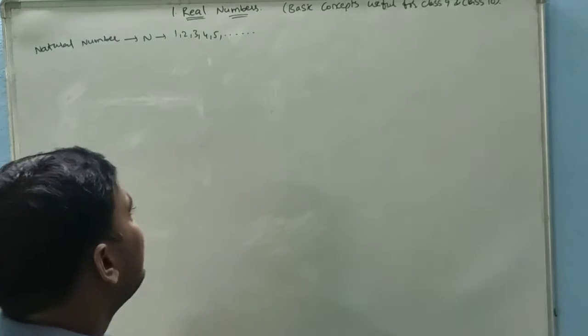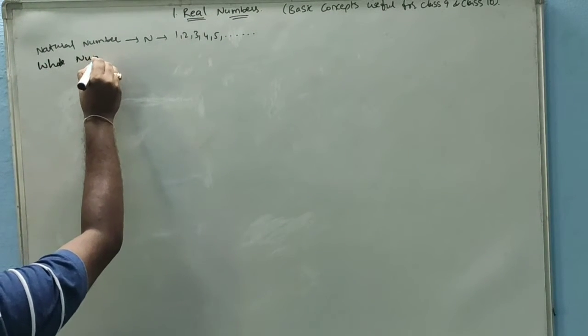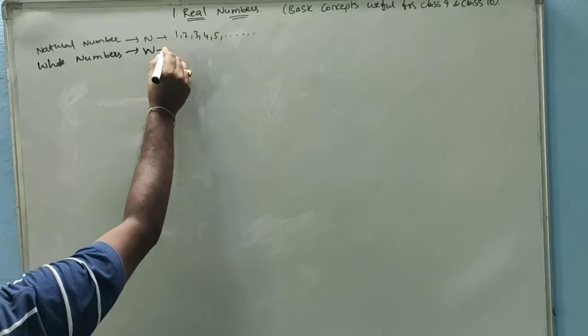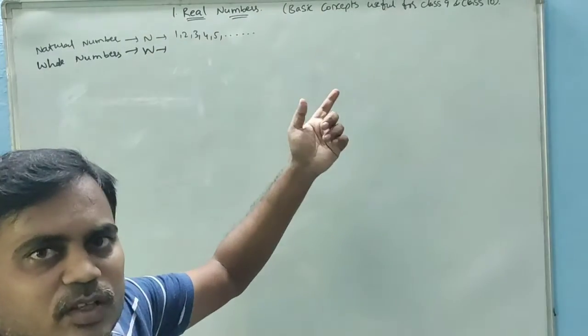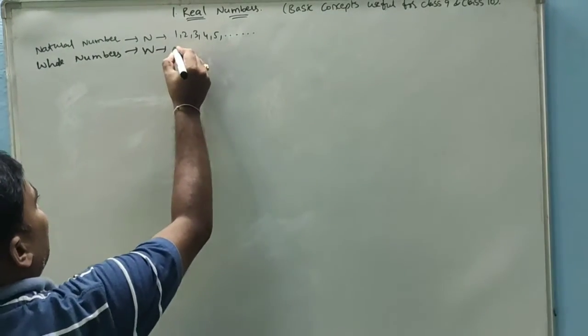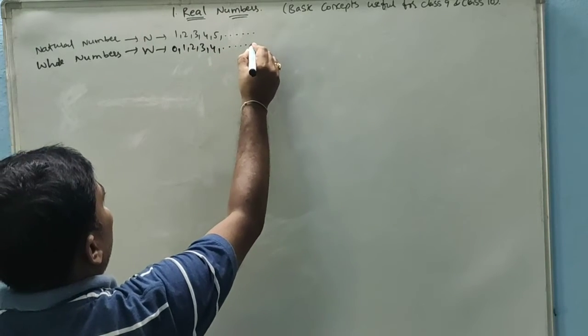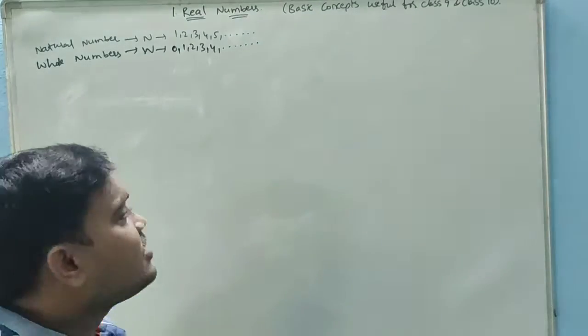Next, whole numbers are denoted with W. These are the natural numbers along with 0: 0, 1, 2, 3, 4 and so on. These are whole numbers.